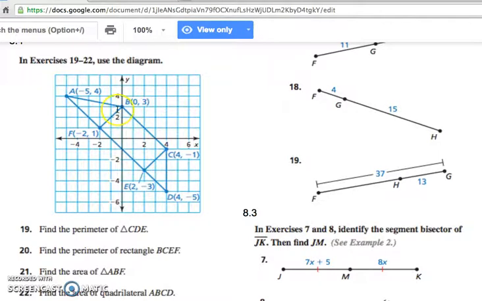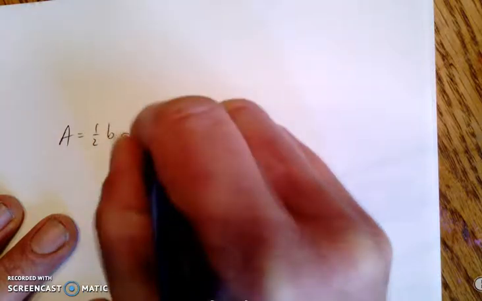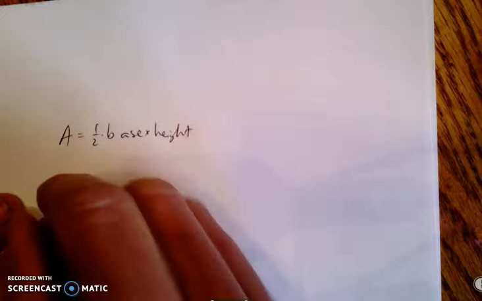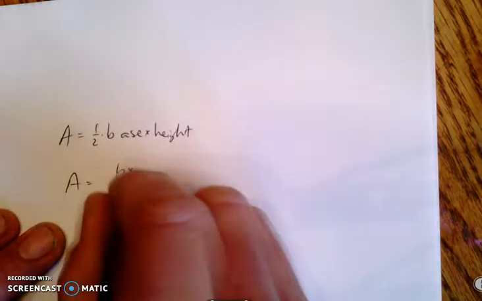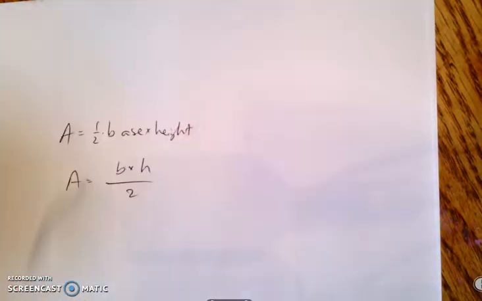So what you would want to do for a triangle, area is 1/2 base times height. That's 1/2 times the base times the height, or you can do base times height and divide by 2. Dividing by 2 is the same as 1/2.